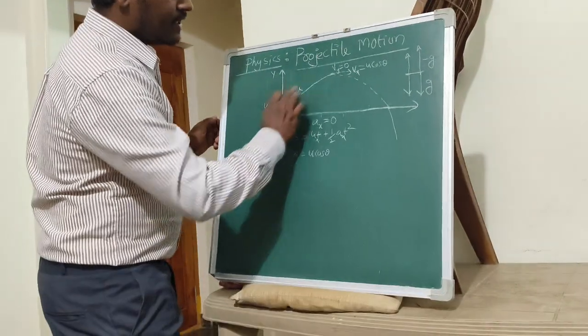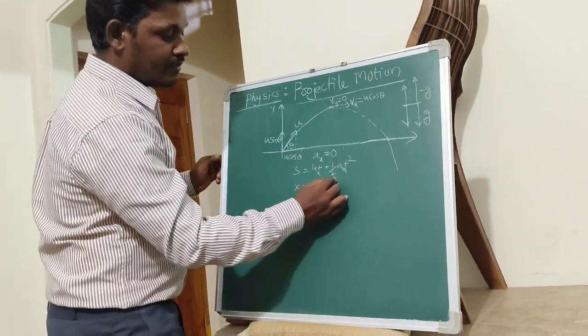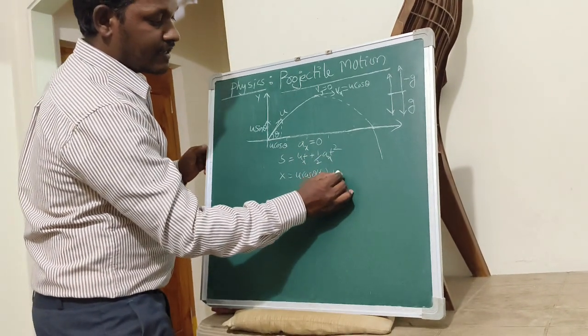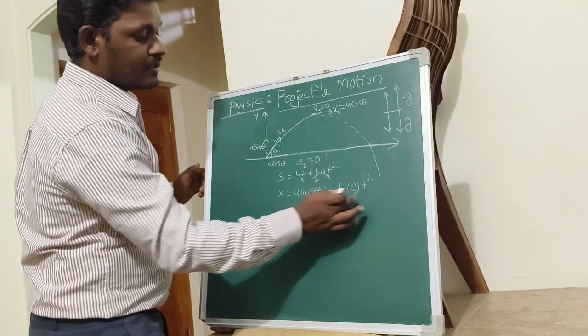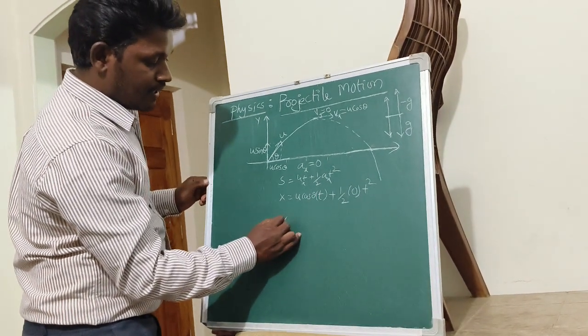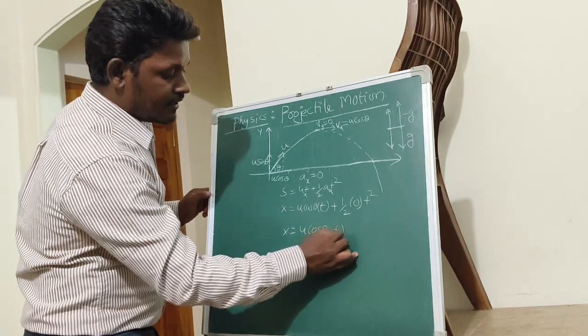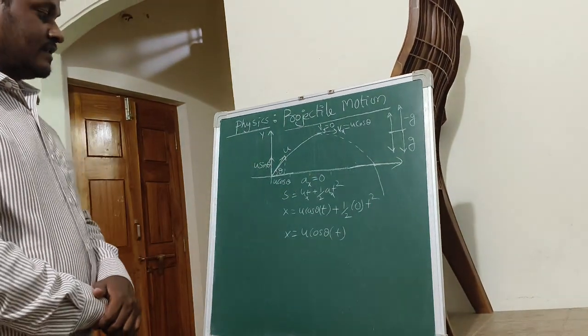After some general time t, plus, we know that the acceleration along the x direction is 0, so half into 0 into t square becomes 0. So x is equal to u cos theta into t. This is the displacement along the x direction.